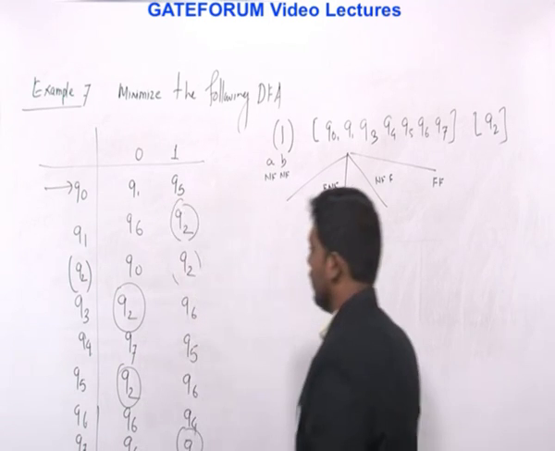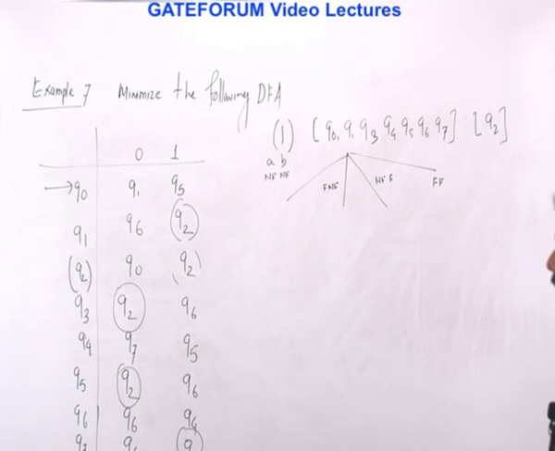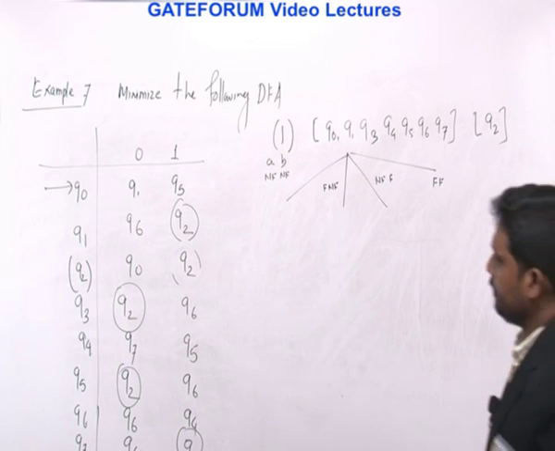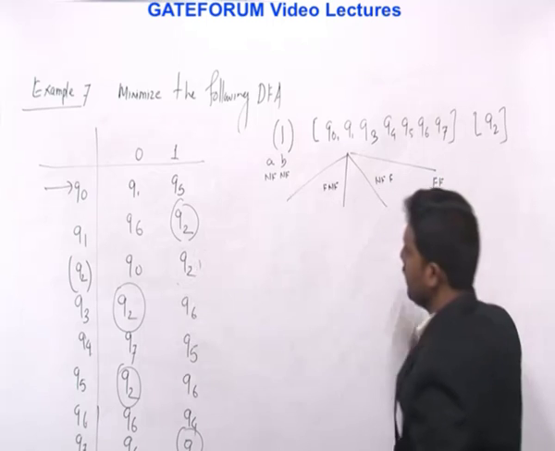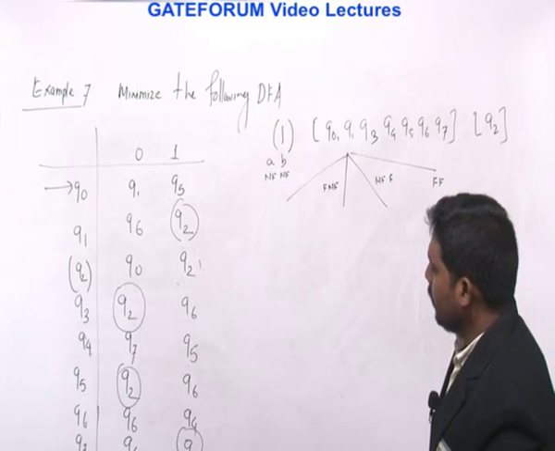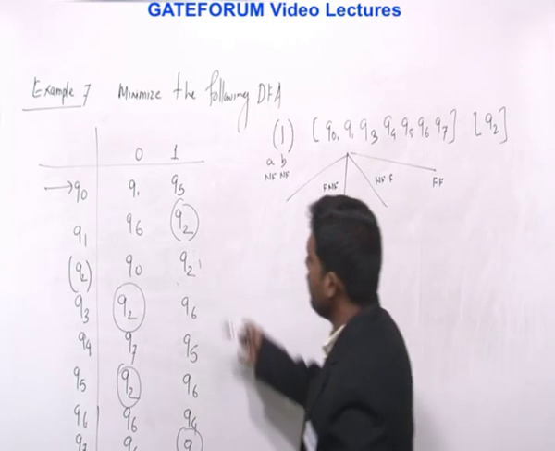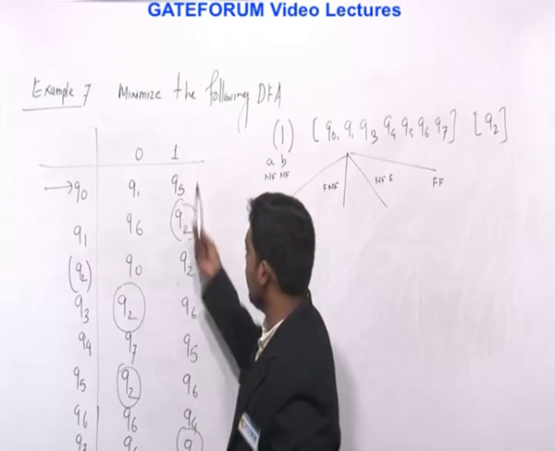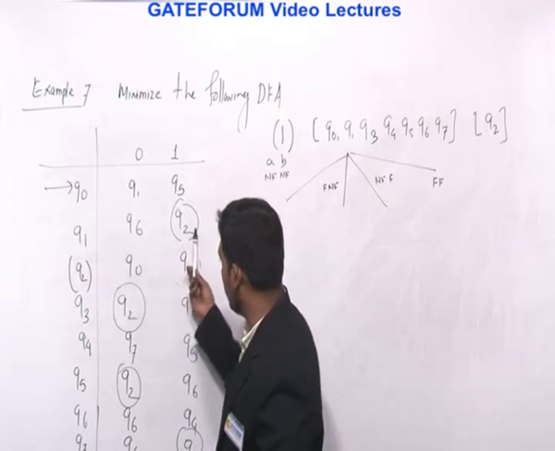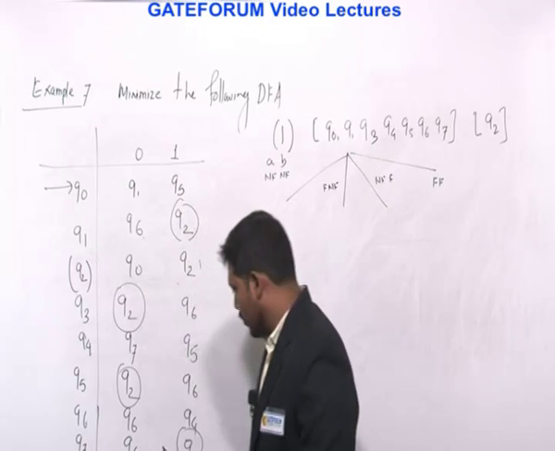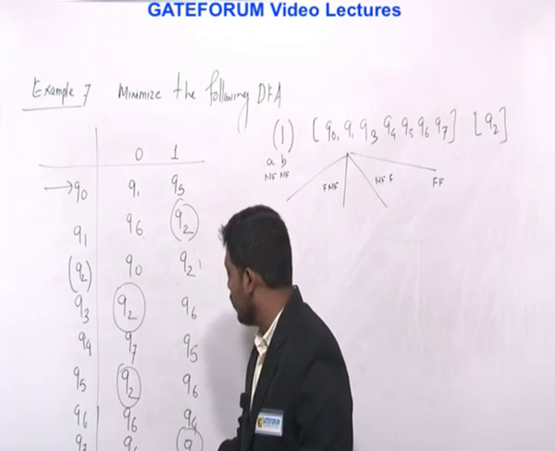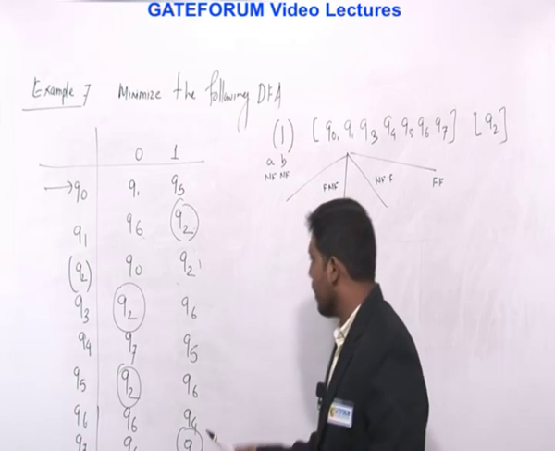So this is how you can go with it: Q2 is the final state, and I skip this one because this is already partition 1. Now on input 1 final: Q1 on input 1 is going to final, and Q7 on input 1 gives 0 non-final and 1 final.